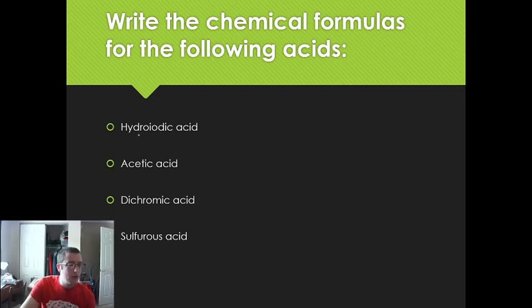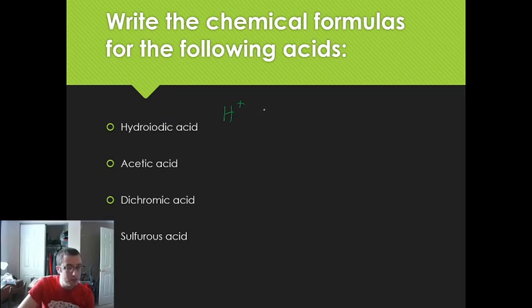Okay, so for hydroiodic acid. I see the prefix hydro, so that means that automatically I'm looking at the periodic table. So hydroiodic acid is going to be made up of H, which has a +1 charge. And then the iodic part, the element that starts with iod is going to be iodine.